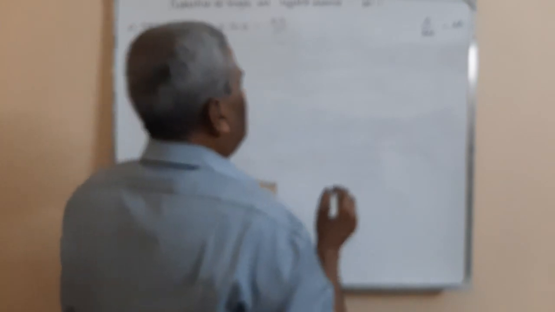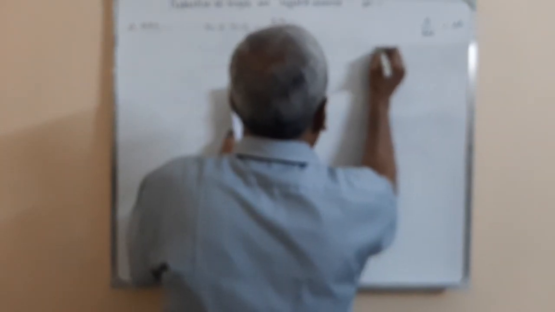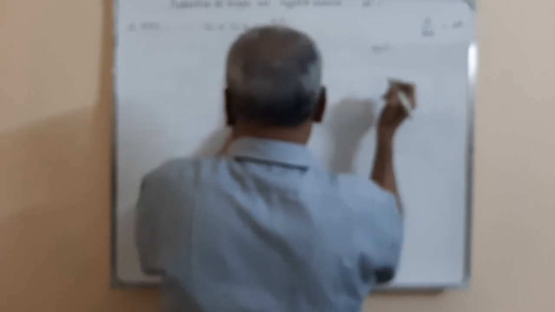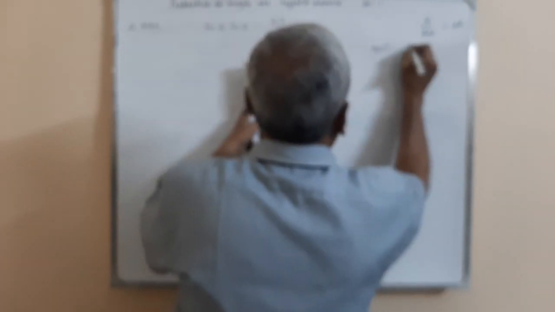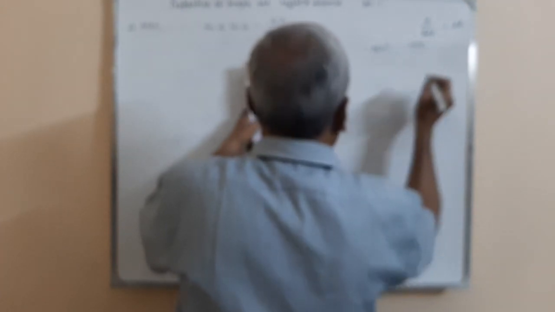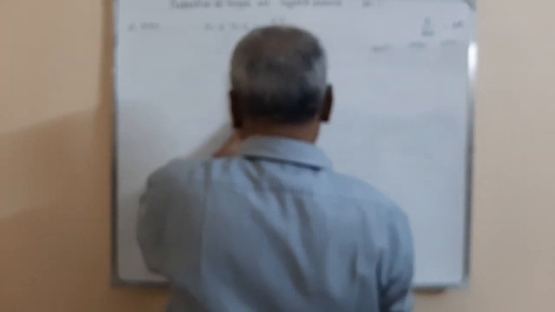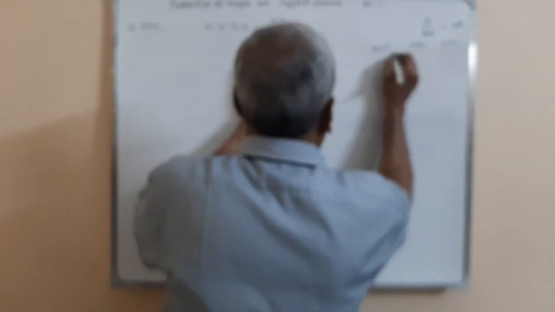Then the triangle is equilateral, then isosceles, then obtuse, then next one right angled.